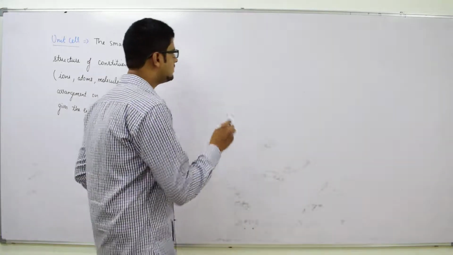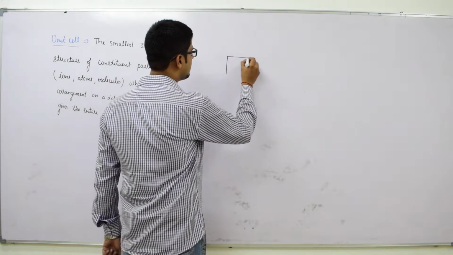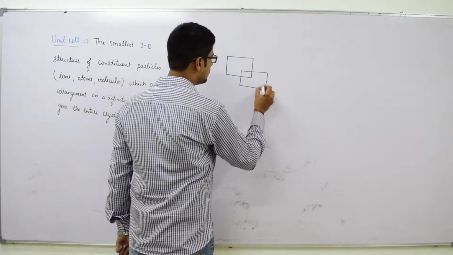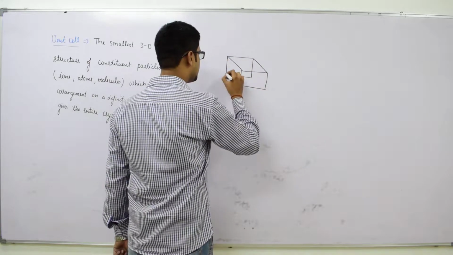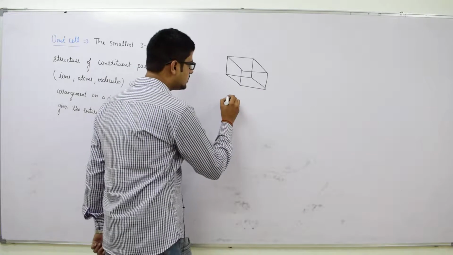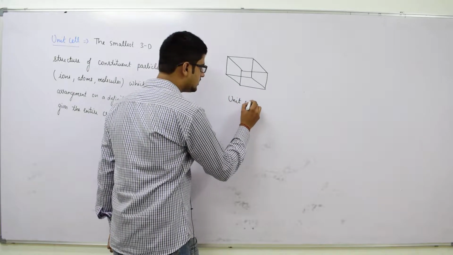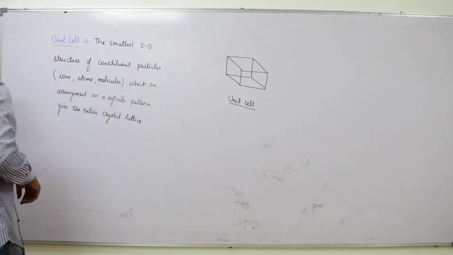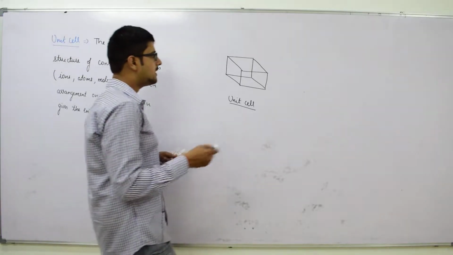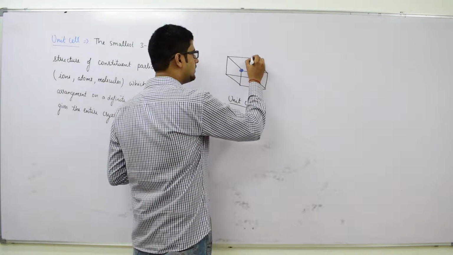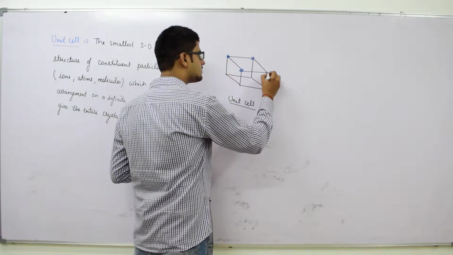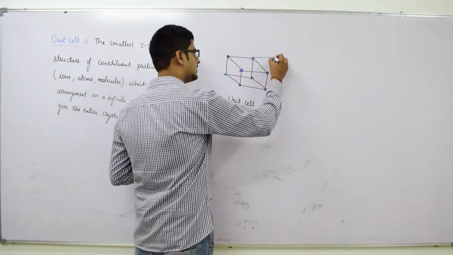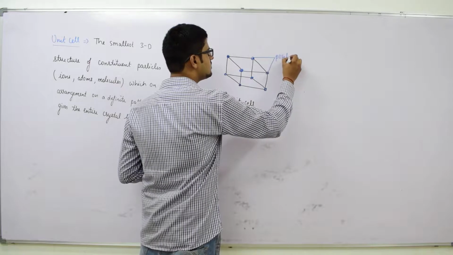So, we can represent this unit cell with a cube. This is our single unit cell. If this is our unit cell, we can represent the different particle arrangements, like the position of particles at the corners.